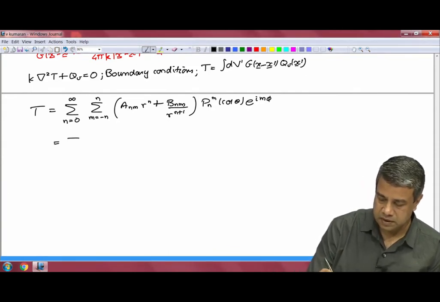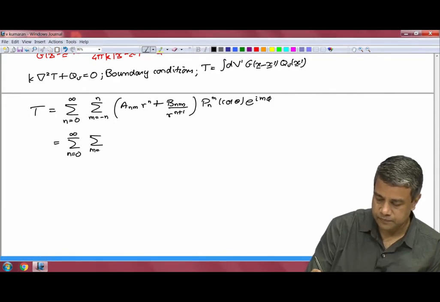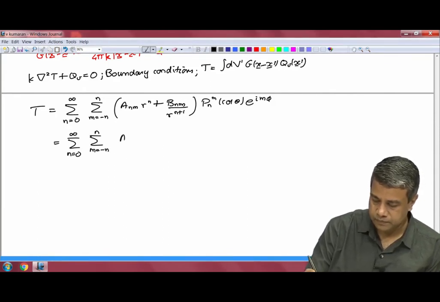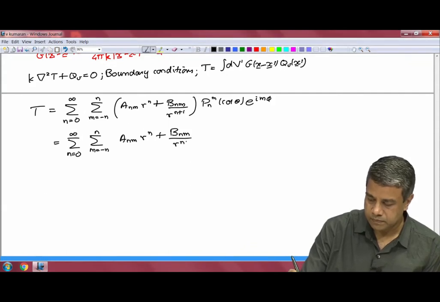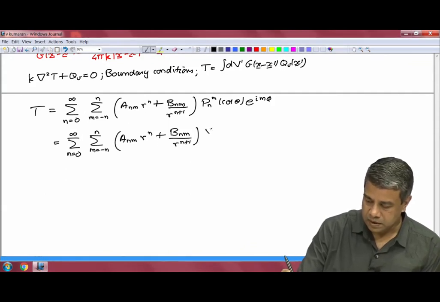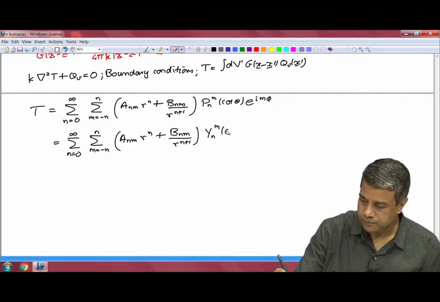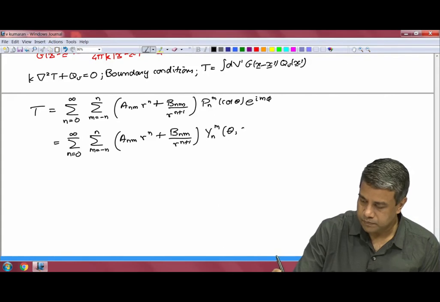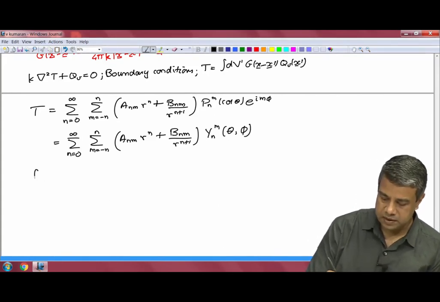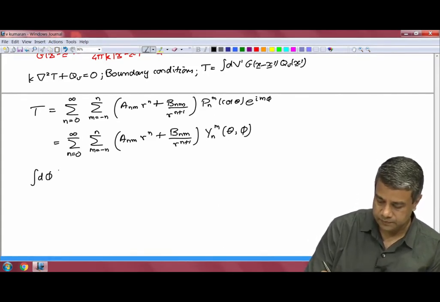which we also wrote as sigma n is equal to 0 to infinity times the spherical harmonics, where these are orthogonal.